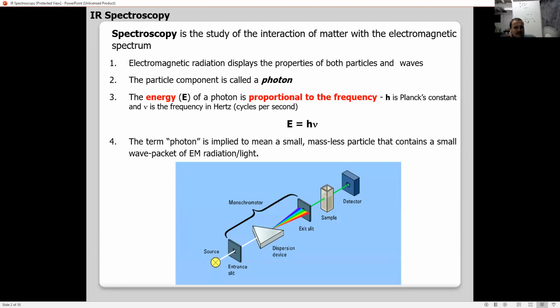So here we're looking at photons of light. Now, photons of light are very strange, as they act as a particle and a wave at the same time. Small massless particle.